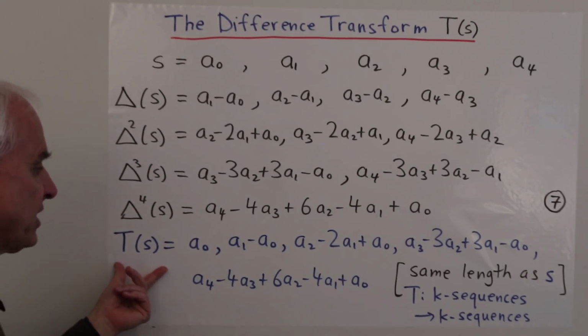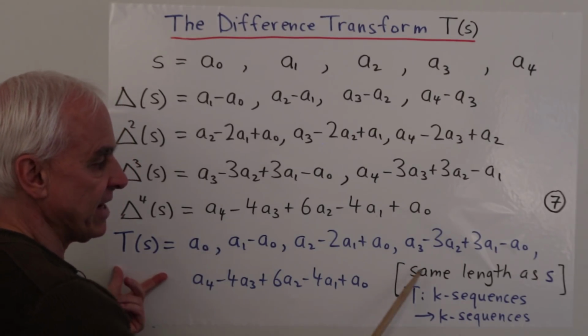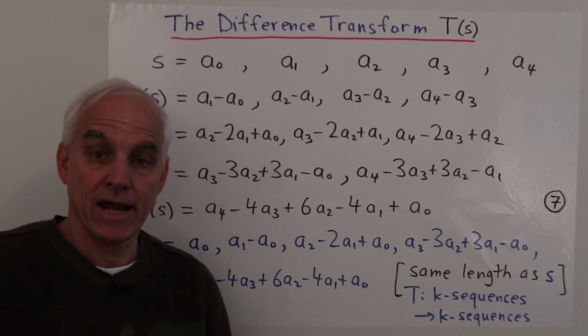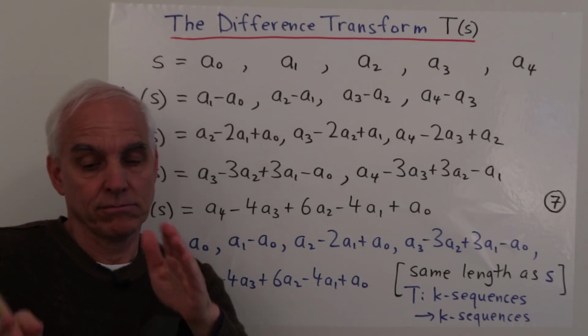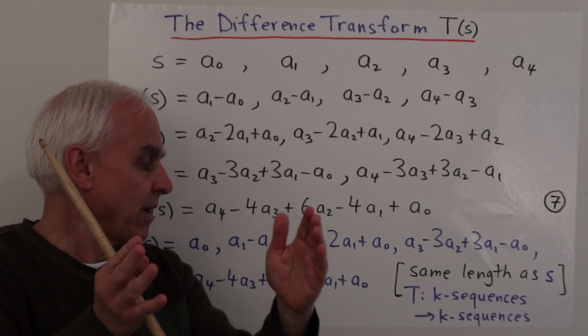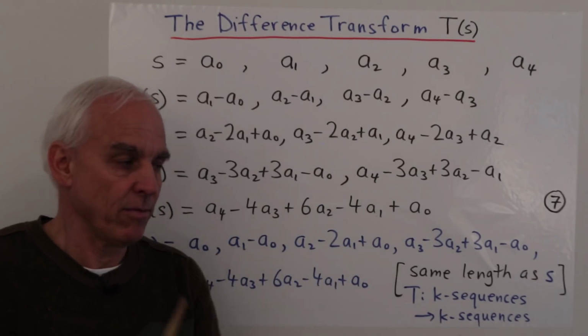So we end up getting another sequence, which is a 5 sequence. It's the same length as S. So this transform T takes k sequences, which we might think of as columns, to these other k sequences, which are like rows of the difference table.